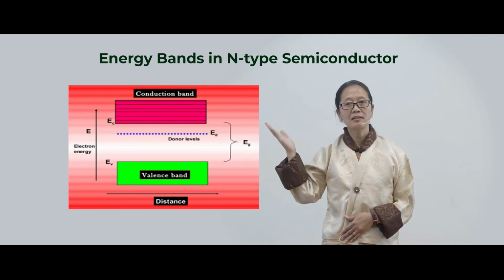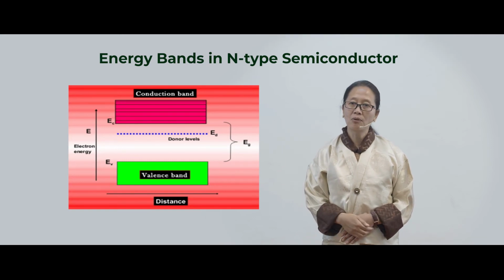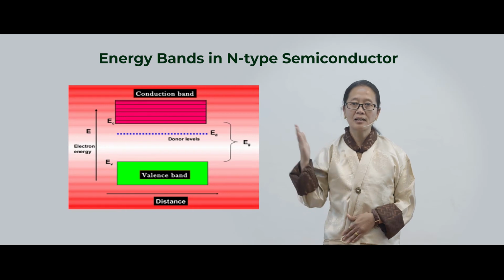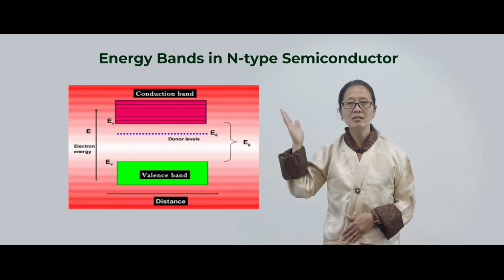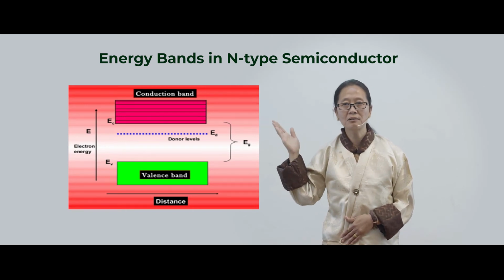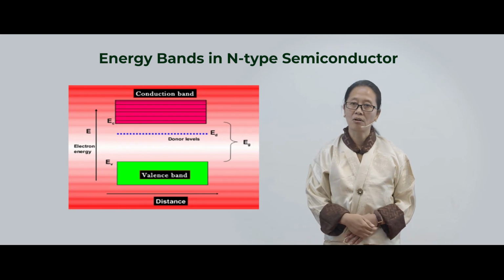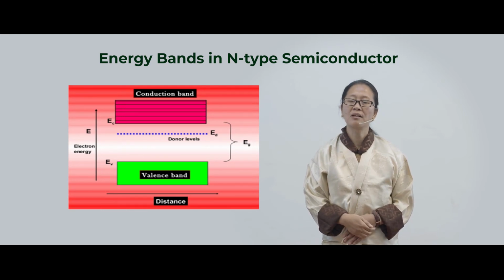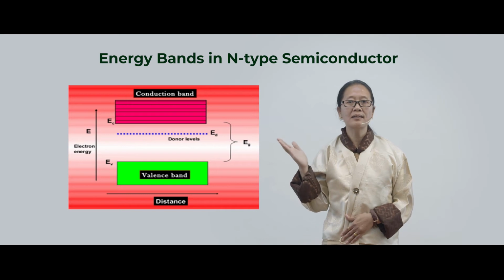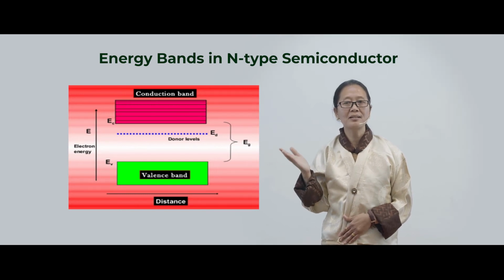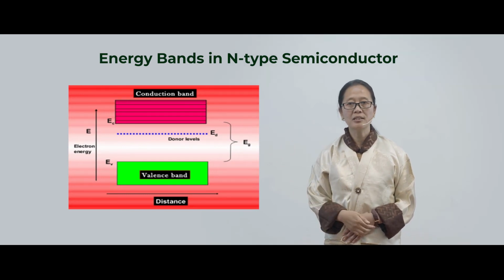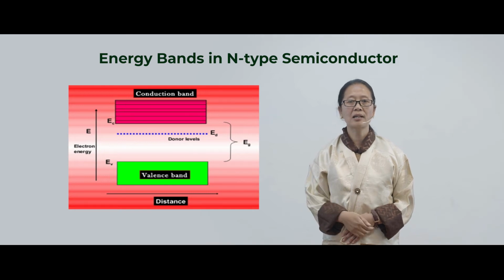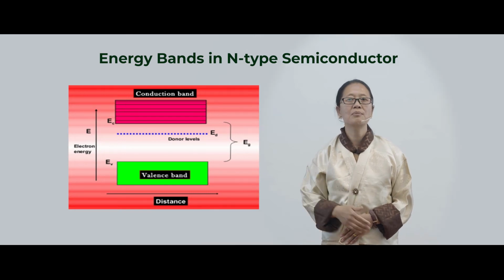Yes, you can see there is one more energy state or energy level just below the conduction band, which is called donor level. Remember, in n-type semiconductor we have pentavalent impurity, which gives extra electrons to the semiconductor.